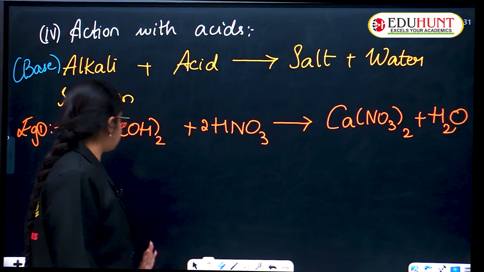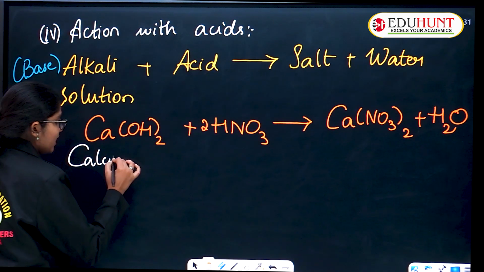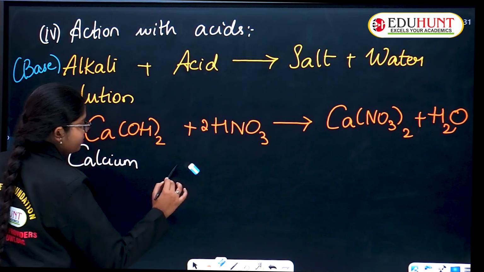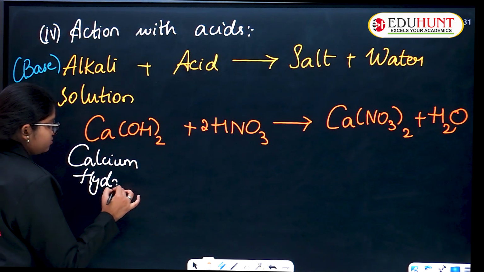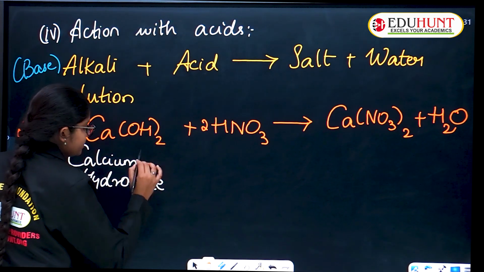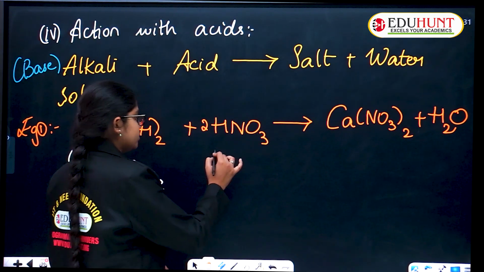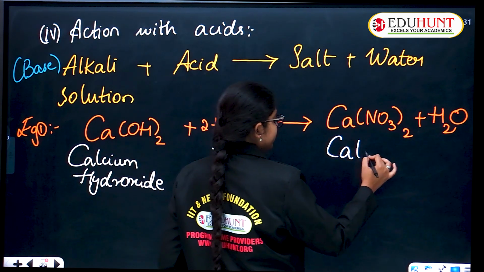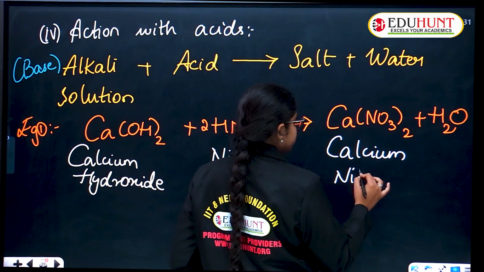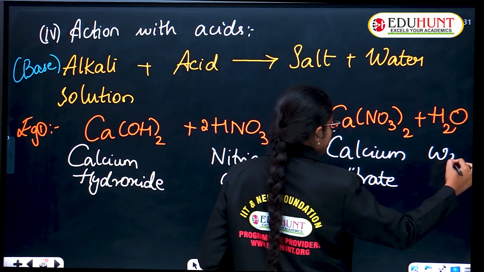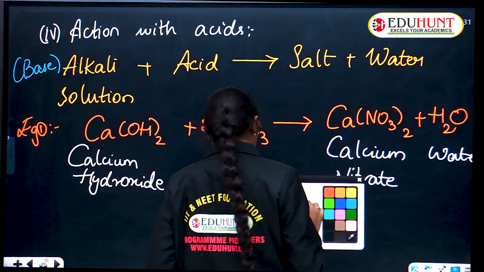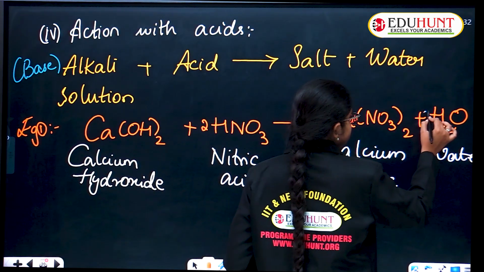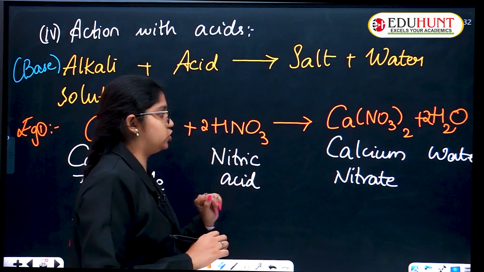This is named calcium hydroxide. And whenever you take calcium hydroxide with 2 molecules of nitric acid, we observe the liberation of calcium nitrate and water molecule. And since we take 2 nitric acid, to balance we write here 2 H2O. Okay, 2 H2O.